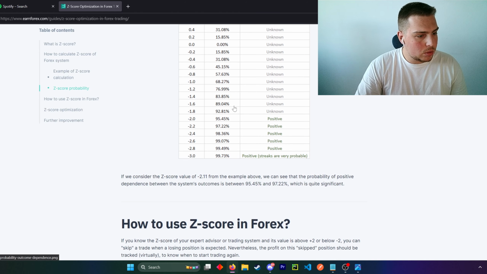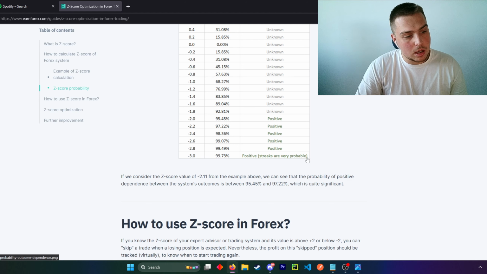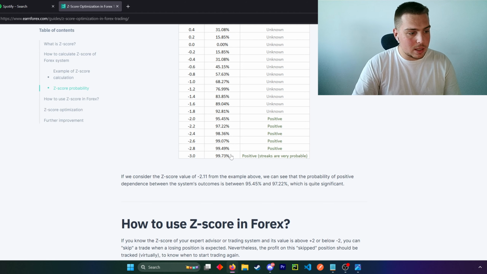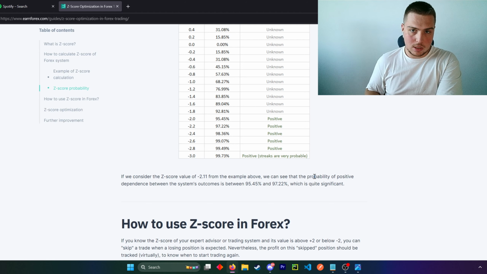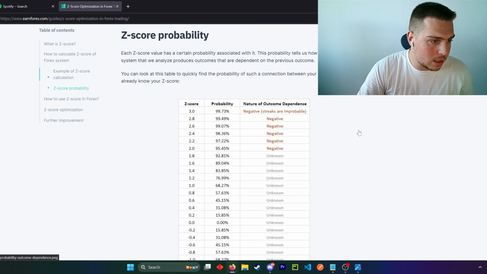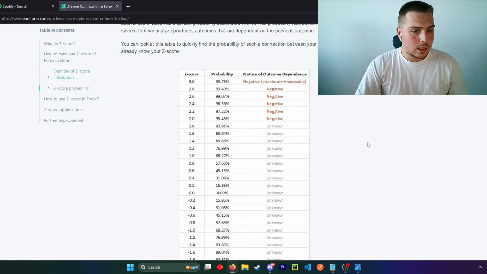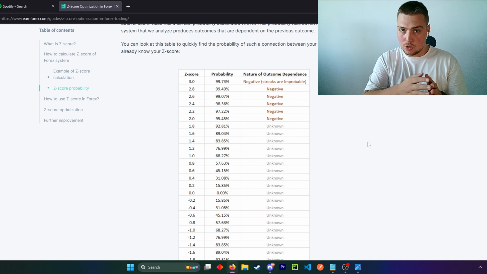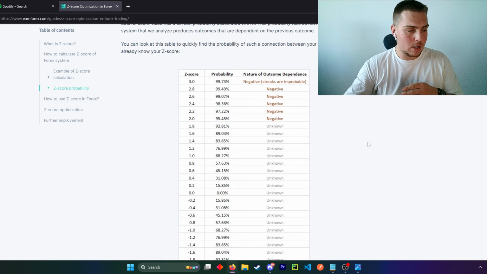And when you go to negative three, there is a 99.7% that streaks are very probable. So when we have that Z score, we are basically guaranteed that there are going to be streaks of wins and then streaks of losses, right? But since we have the bigger Z score, we can now expect a string of wins, then a couple of losses, not a string of losses and then another streak of wins, right?